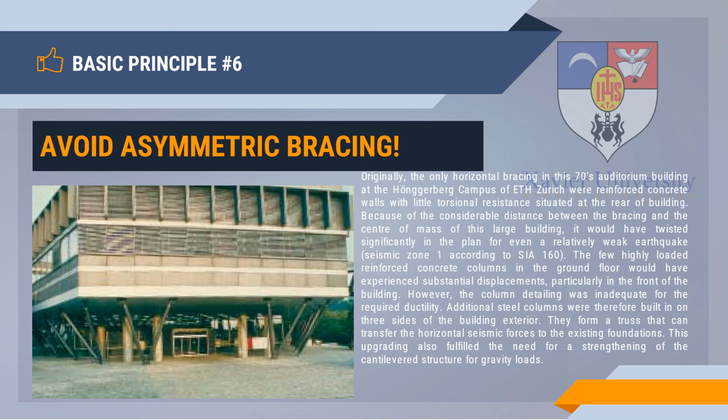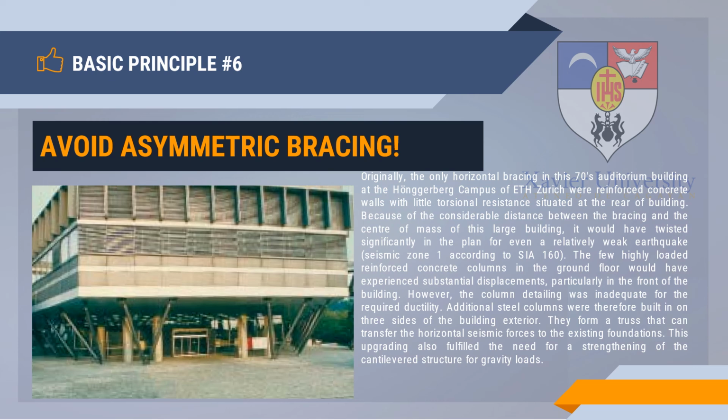Because of the considerable distance between the bracing and the center of mass of this large building, it would have twisted significantly in the plan even for a relatively weak earthquake. So the few highly loaded reinforced concrete columns in the ground floor would have experienced substantial displacements, particularly in the front of the building. However, the column detailing was inadequate for the required ductility.